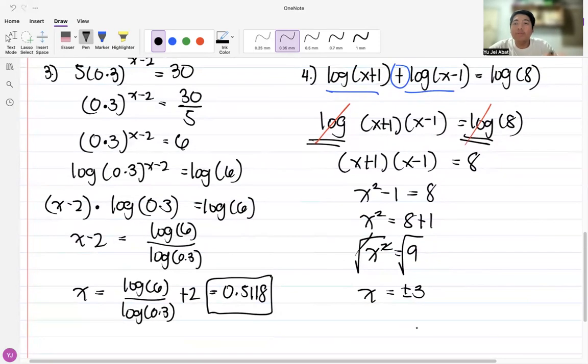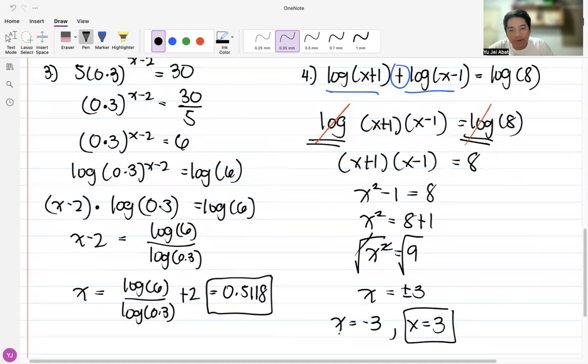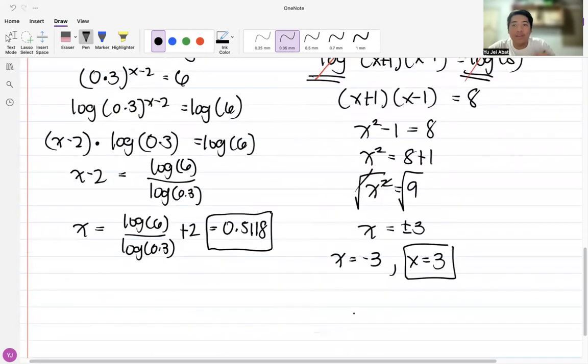But in terms of logarithm, it is always safe to assume that the negative value that we have here would not be acceptable. The reason why, if you input into your calculator the logarithm of any negative value, it will be undefined. So this will not be considered as an answer. Only the positive value.